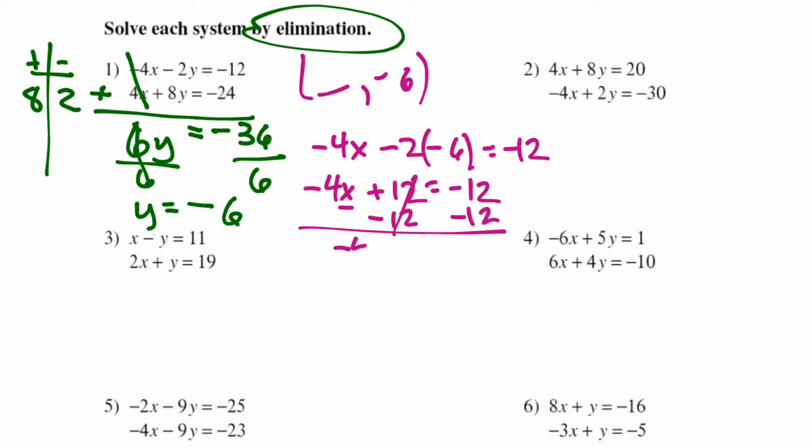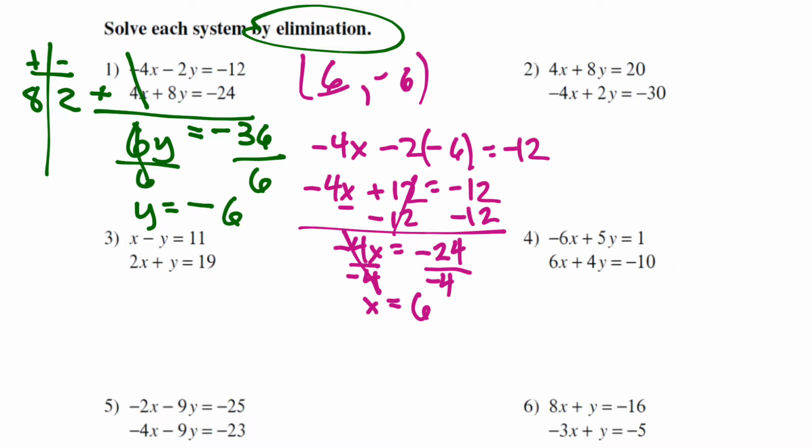I can bring down my -4x equals -12 minus 12, which is -24. Divide both sides by -4. Okay, -4 divided by -4 will be +1x, and then -24 divided by -4, a negative divided by a negative becomes a positive, so this will be +6. All right, so our answer is (6, -6).